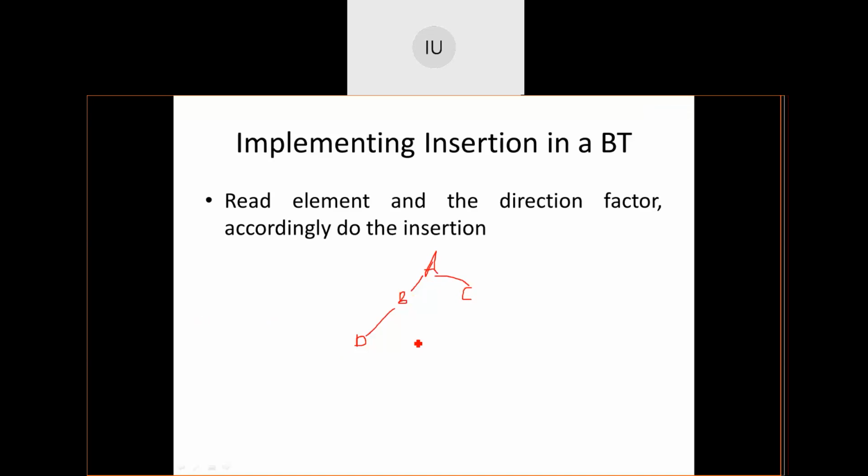Null. Correct. So right of B will be null. Then E goes left, F goes right, G and H will become left and right respectively of D. This is the resulting tree for the given set of elements. Yes or no? Okay. Now the next question.